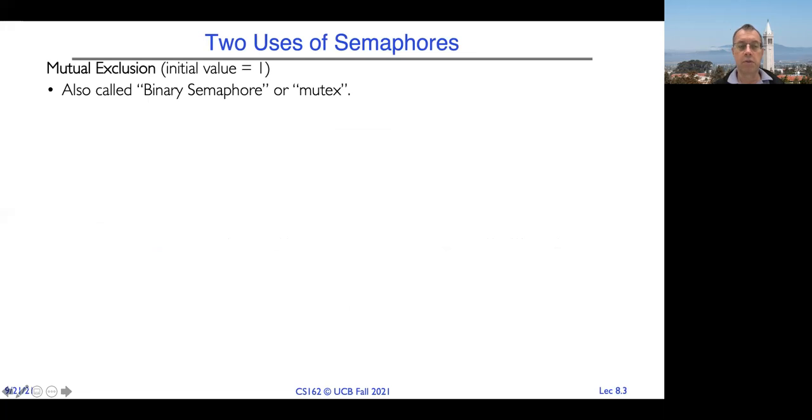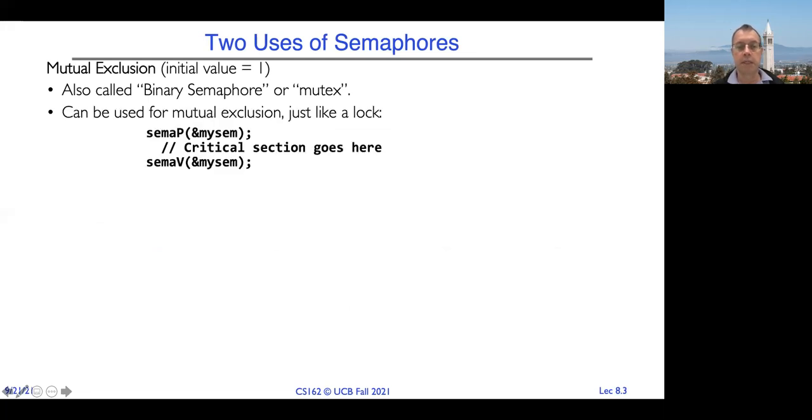And these are two uses of the semaphores we went over last time. One is mutual exclusion. Again, this is about implementing critical sections, and here it's very simple. You initialize the semaphore to 1, and then you put a P before and a V after the critical section.